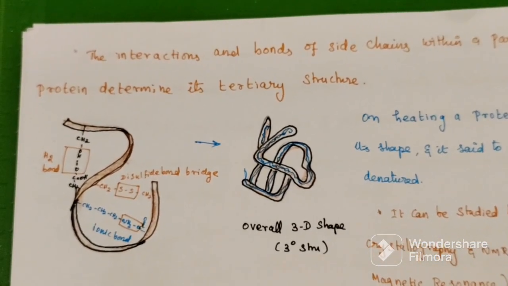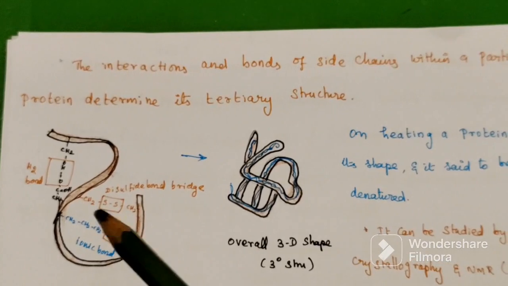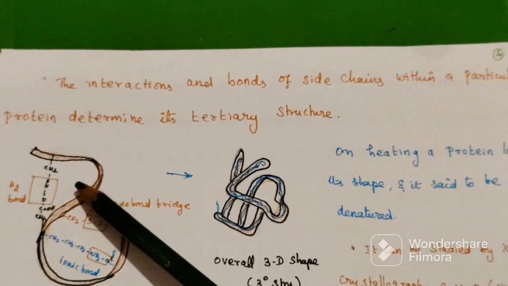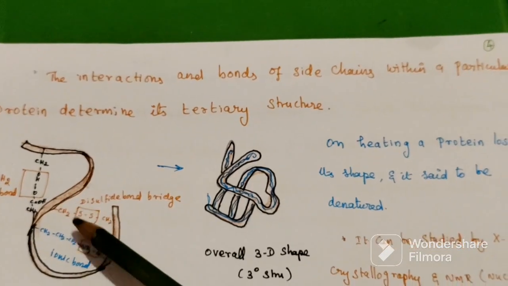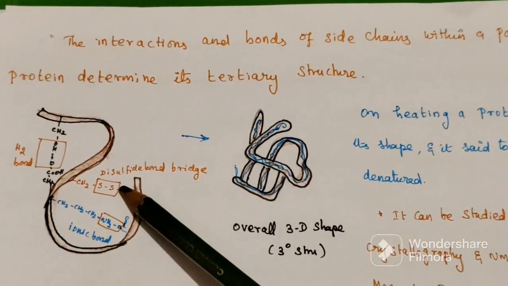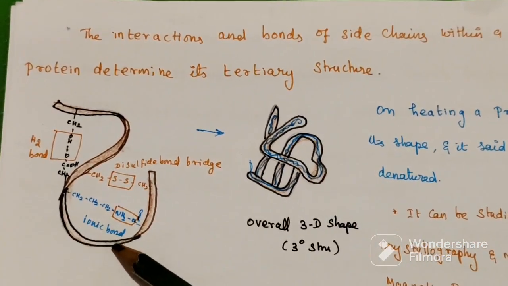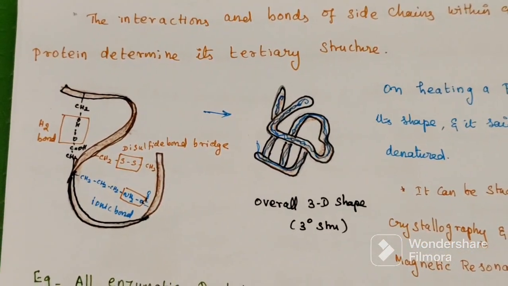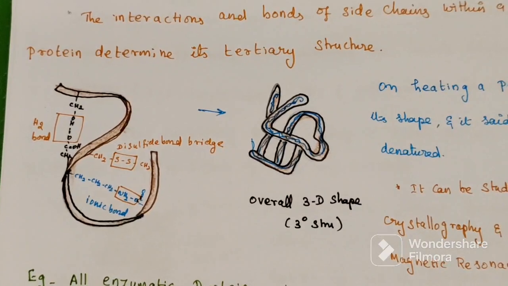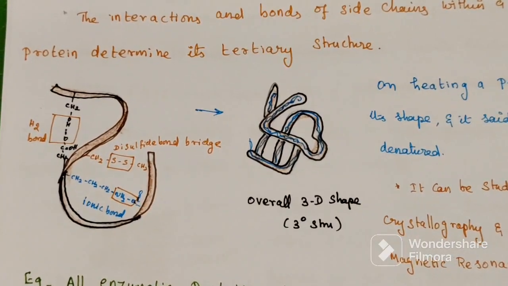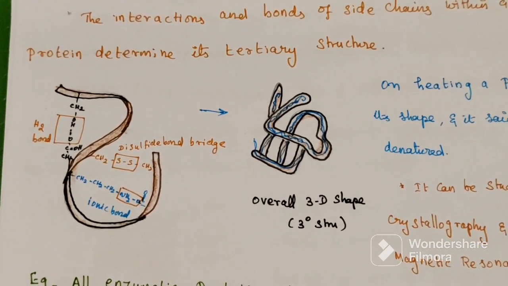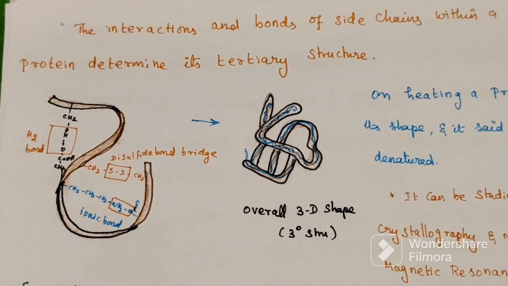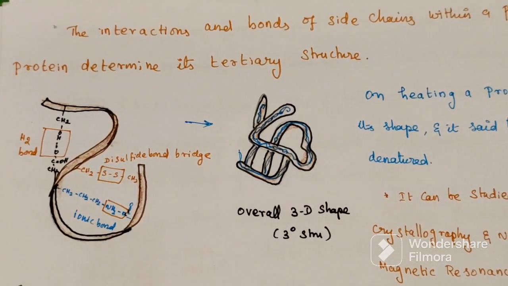Now see the bonding. So this one is the non-polar. Okay, here hydrogen bond, here disulfide bond, here ionic bond. The non-polar groups interact by hydrophobic interaction.